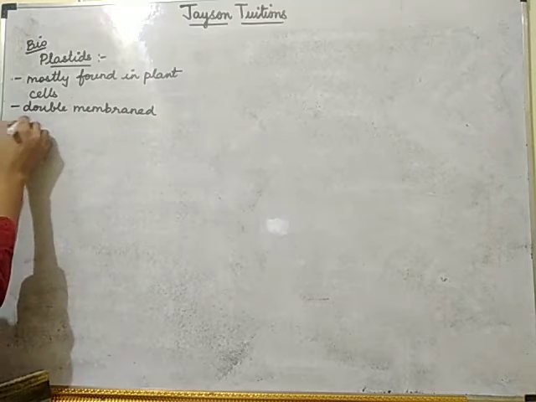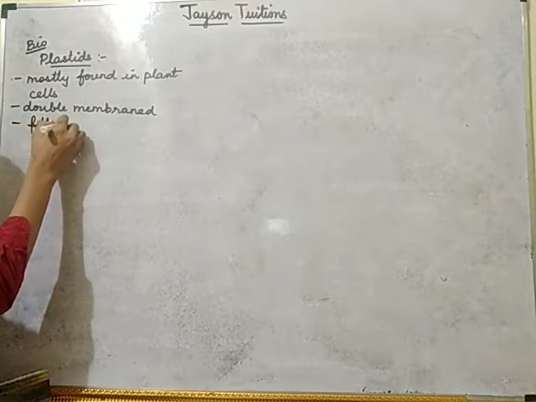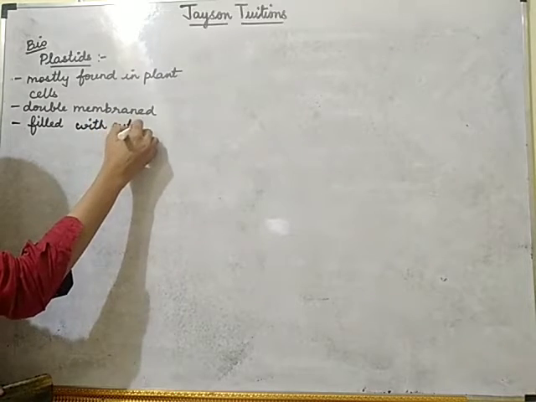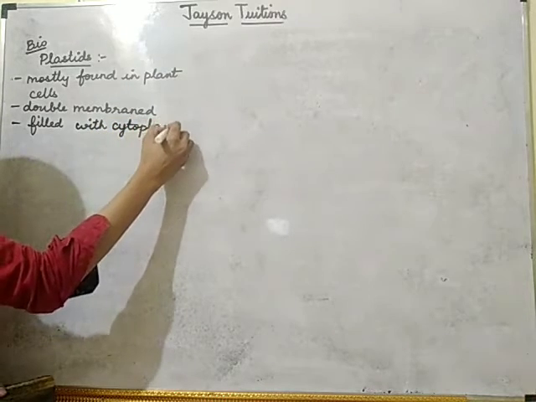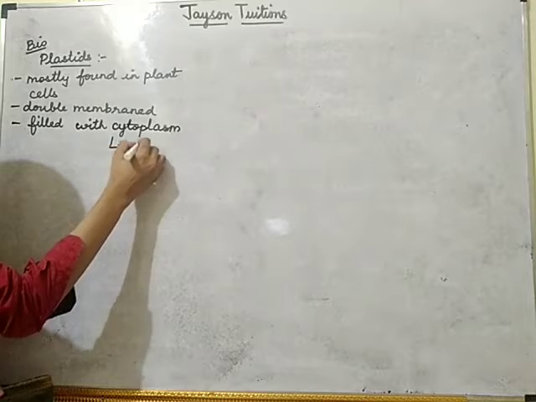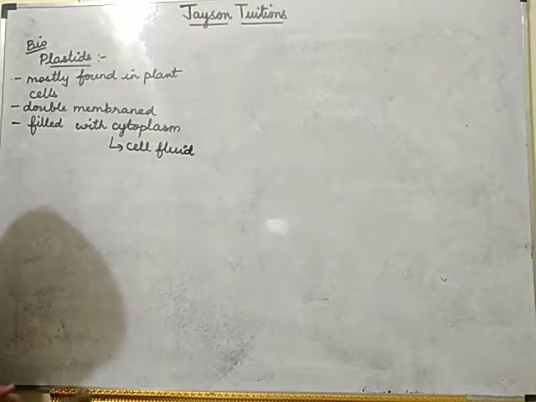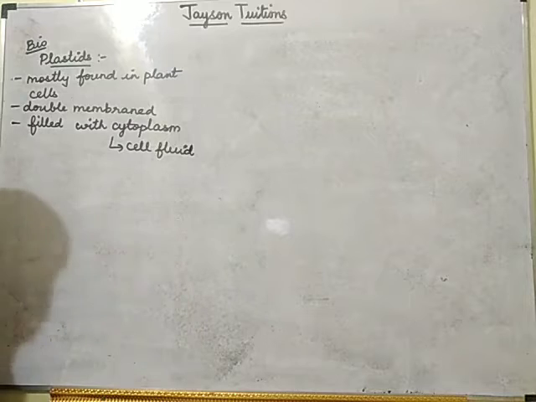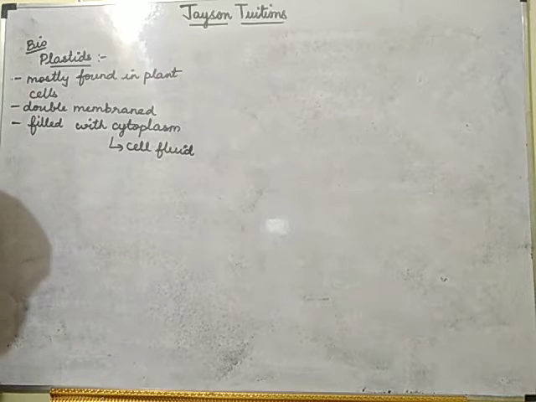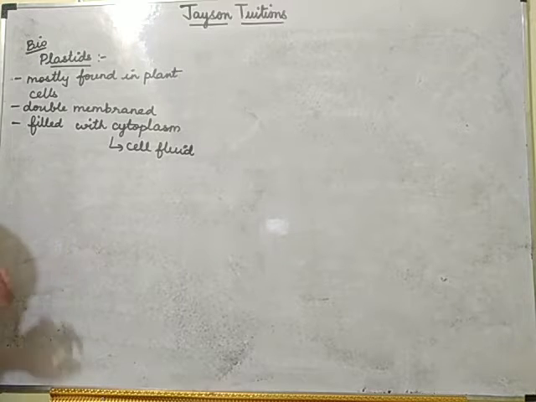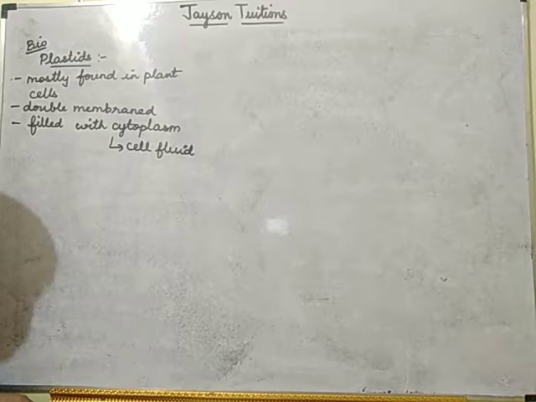They are filled with cytoplasm. Cytoplasm is nothing but cell fluid, the fluid which is present inside the cell. So they are mostly found in plant cells, they are double membraned, and they are filled with cytoplasm.